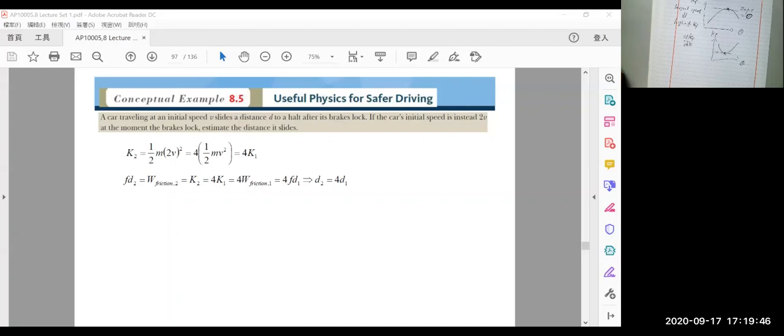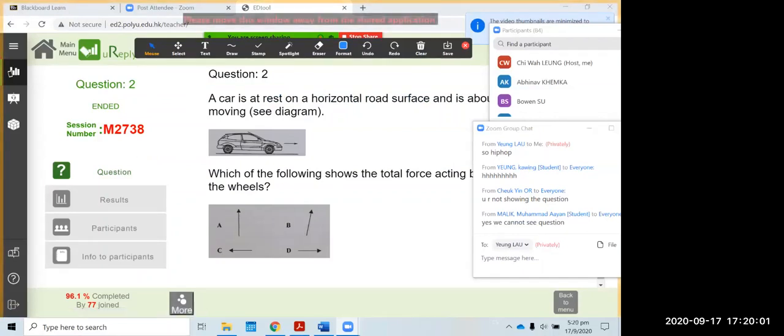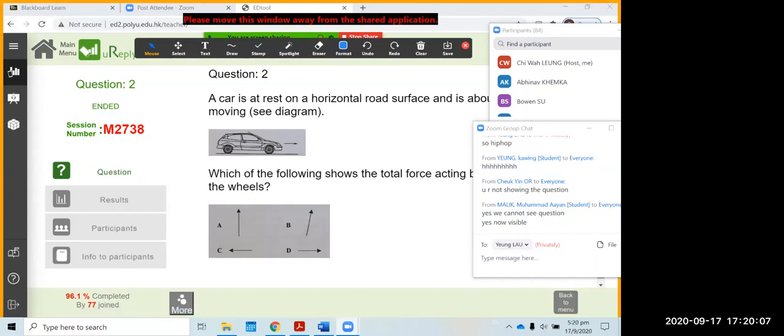So let me see. Okay, I should be now showing the question, I hope. Okay, so the car starts to move forward.